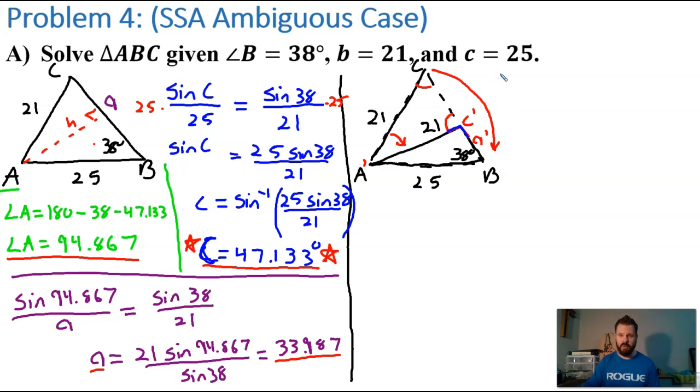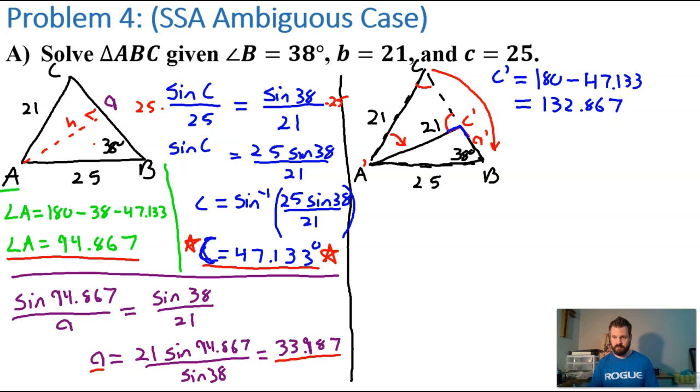So to find that, what we'll do is we'll say that C prime is equal to 180 minus the 47.133. Okay, because again, we have a linear pair here. I can tell that from my straight line. And that's going to give me a 132.867 degrees. There is my new C for my second triangle.